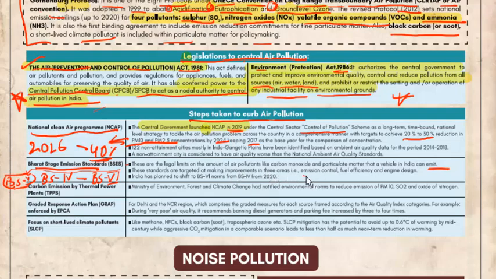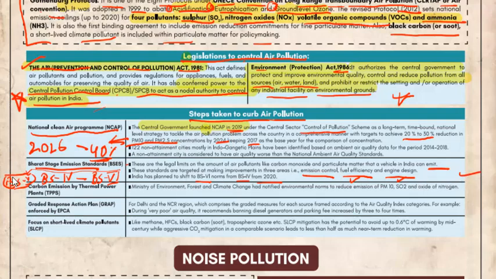First is emission control, next is fuel efficiency, and third is engine design. Emission control we have seen, they limit the emission. For fuel efficiency, more fuel-efficient engines will be developed through the engine design. India has planned to shift from BS4 norms to BS6 from 2020. This is a great initiative.